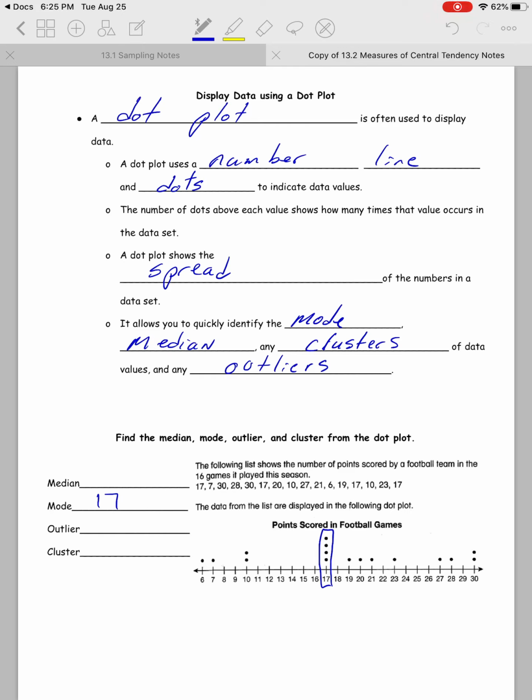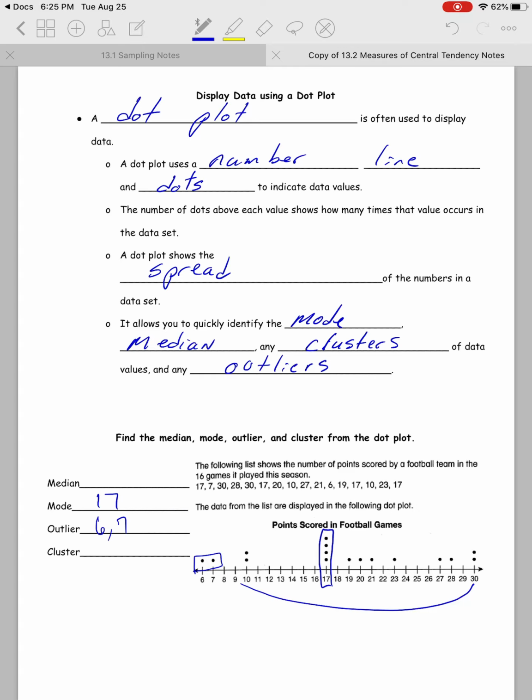Let's look at possible outliers. Are there any possible outliers? There could be some possible outliers. How about 6 and 7? 6 and 7 will be our possible outliers. Most scores are between 10 and 30, or in the double digits.